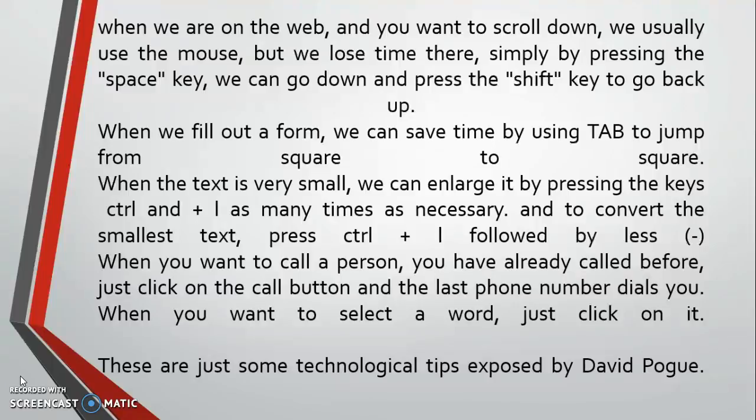Okay, when we fill out a form, we can save time by using Tab to jump from square to square. When the text is very small, we can enlarge it by pressing the keys Ctrl and plus as many times as necessary.